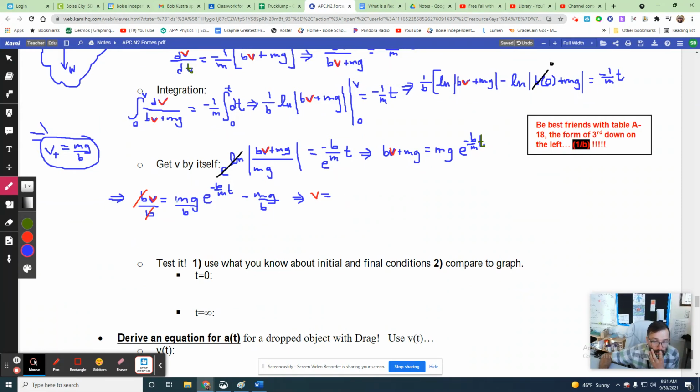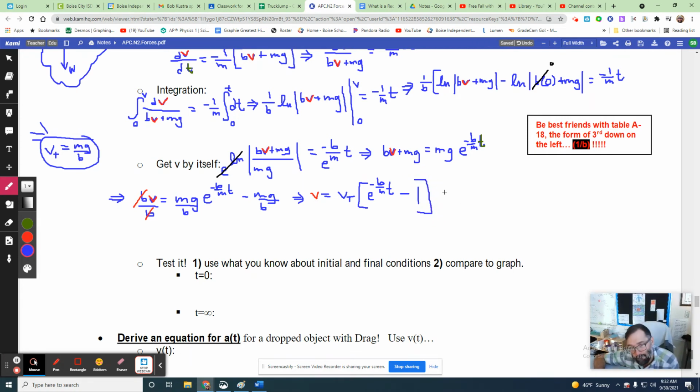So instead of mg over b, I could write vt, and actually have mg over b in two different spots. So I'm just going to factor that out. And I'm going to have e to the negative b over m t minus 1.